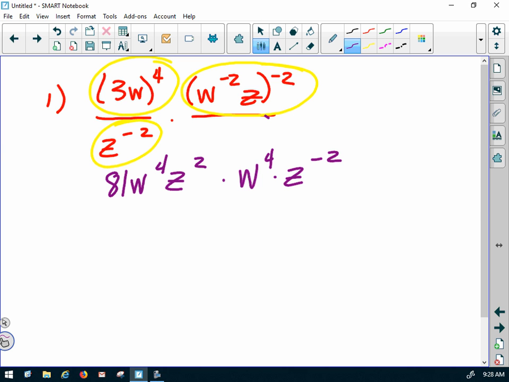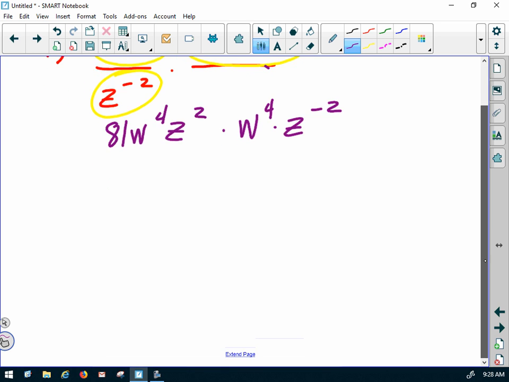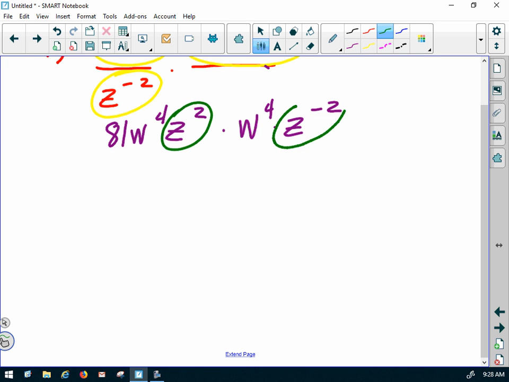What is the exponent when you don't see one? It's 1. And Z's gonna have to go down to the basement. Or I want you to look at this. What's Z squared times Z to the negative 2? When I multiply like bases, what do I do to the exponents? Add them.